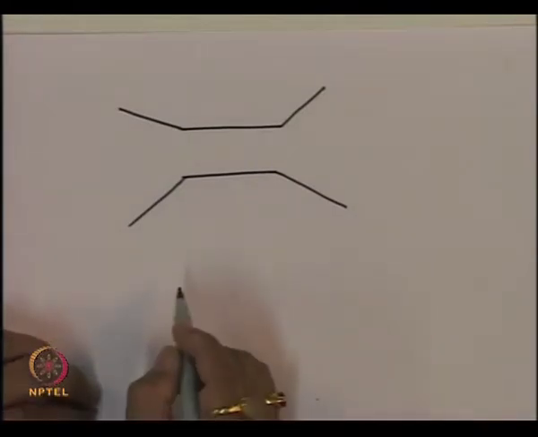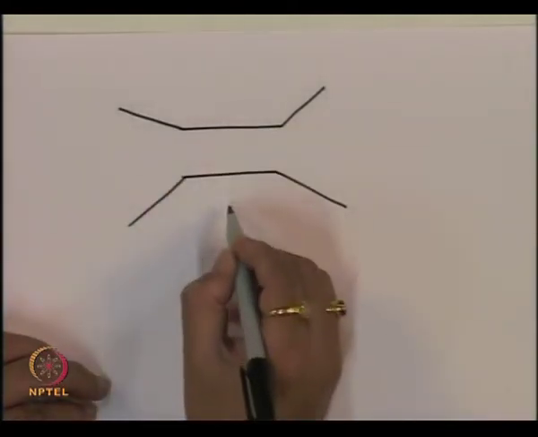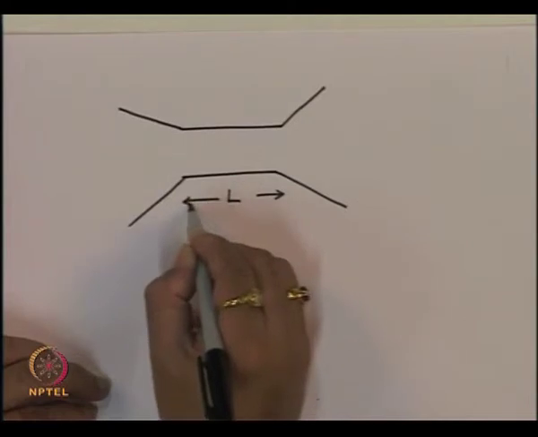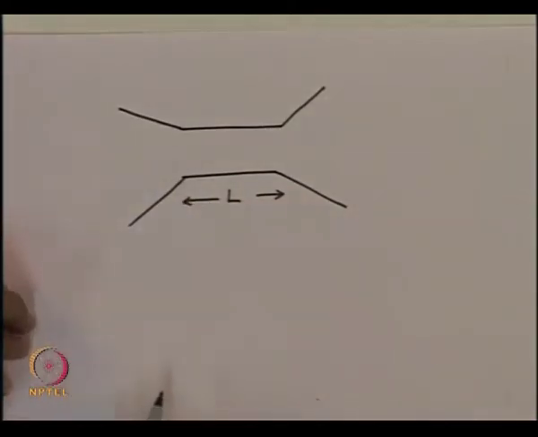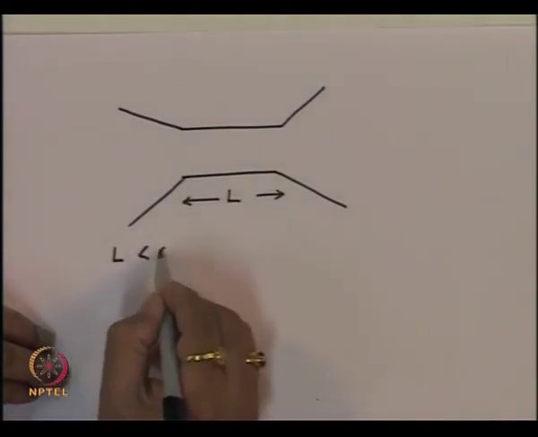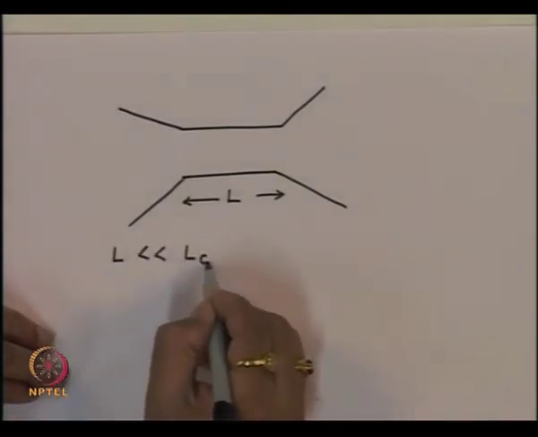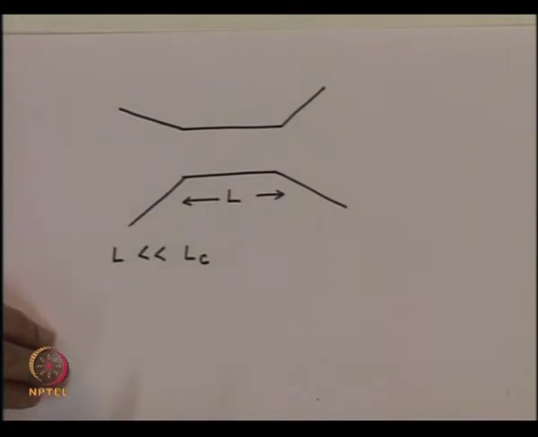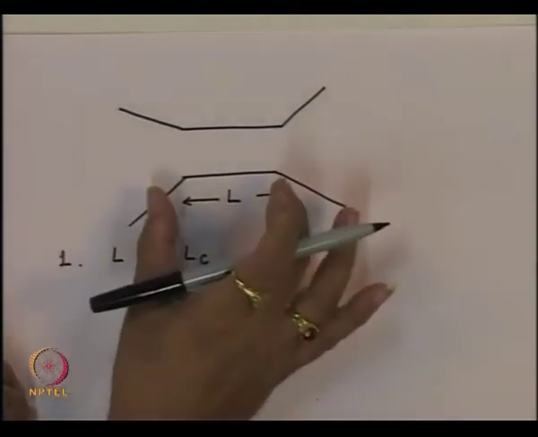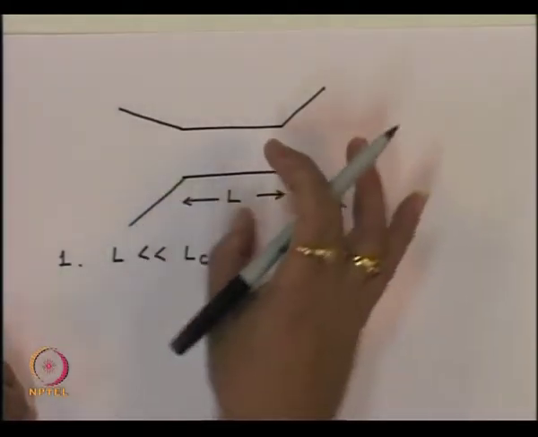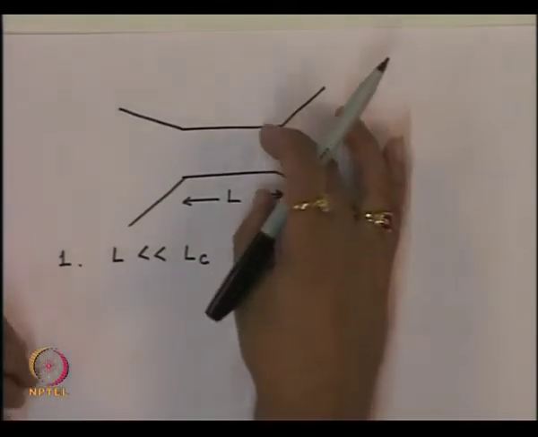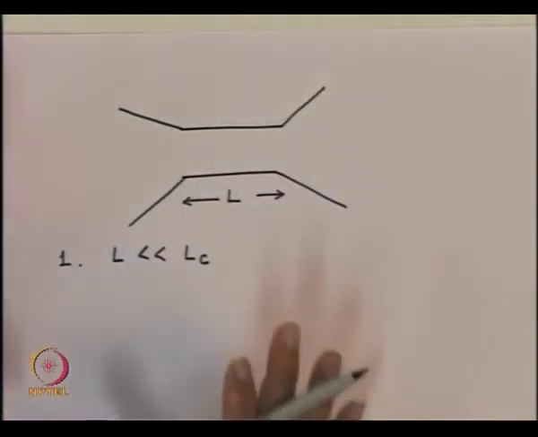So now, if you take this length L, which is the actual length of the device, let us say situation 1: L is much smaller compared to LC, that is, the actual length over which the interaction takes place is much smaller compared to the coupling length corresponding to these dimensions and separation.